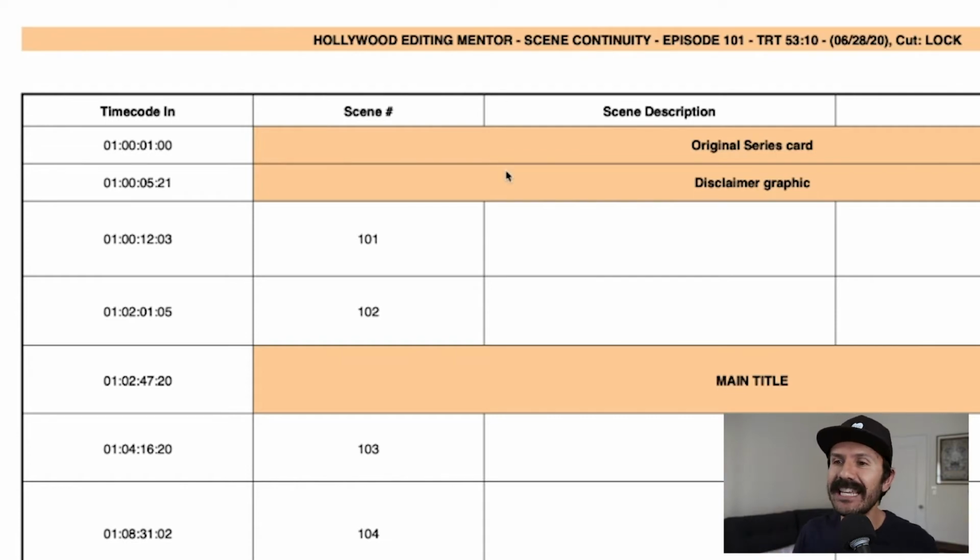But I usually take the description from the one-liner, that's another sheet from production that has all the scenes. It's very similar to the continuity, but it has all the scenes in chronological order that are in your episode, or that are at least planned to be in the episode. And so they'll have an official description of the scene.